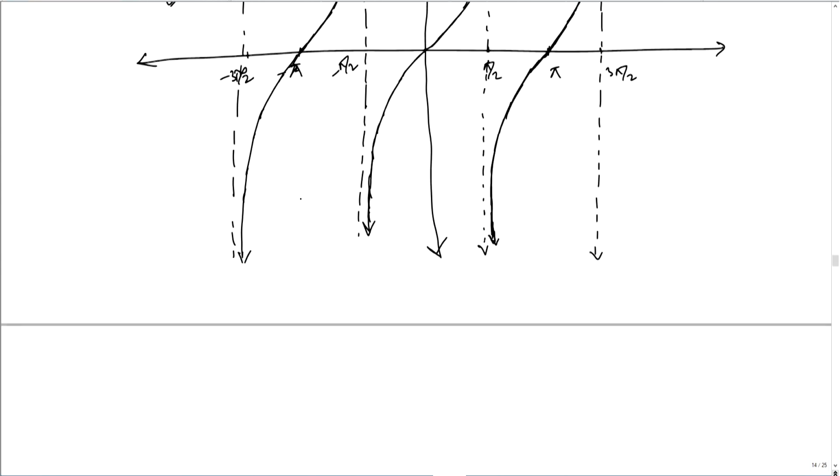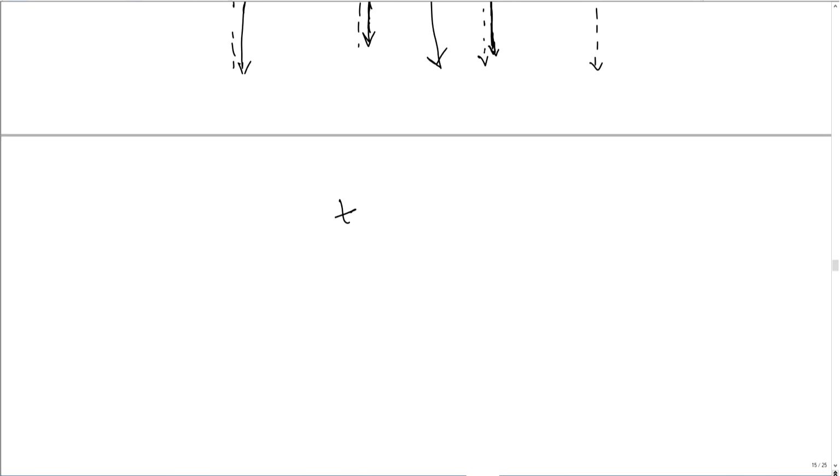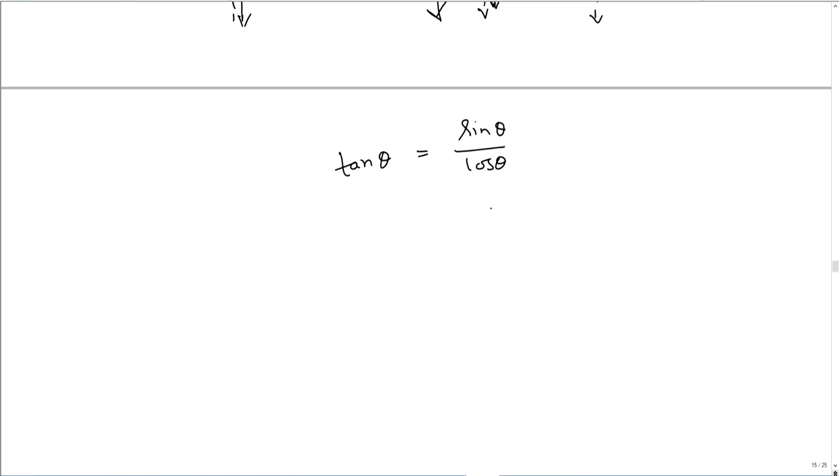So this is the third trigonometric function, and we have learned that tan theta is basically sine theta divided by cos theta. Now there are some other trigonometric functions which are like complements to these functions. One of them is sec theta. Sec theta is actually 1 divided by cos theta.